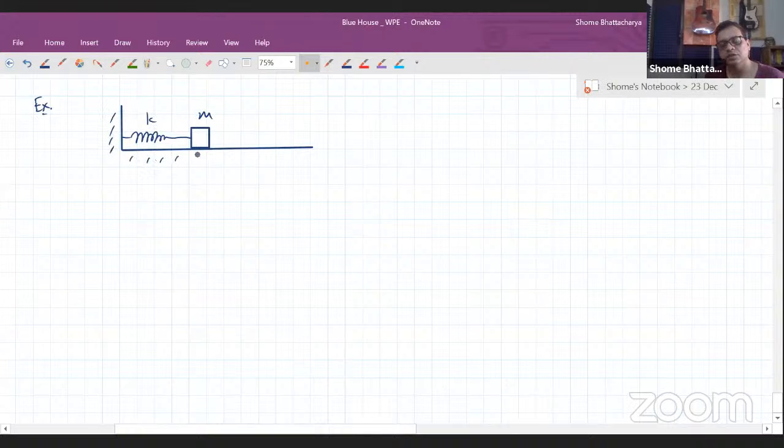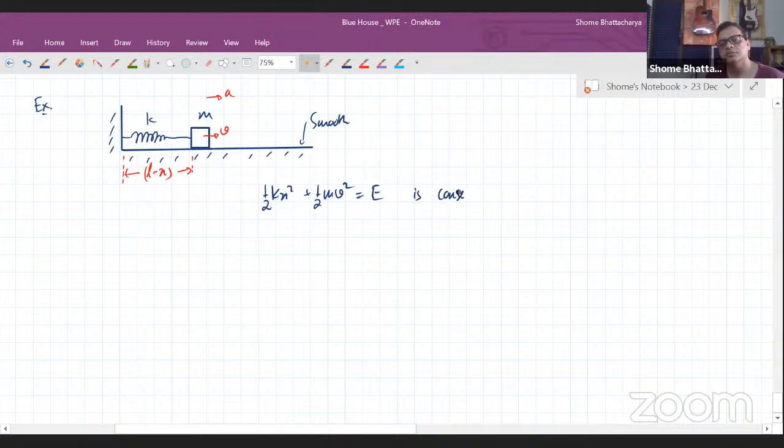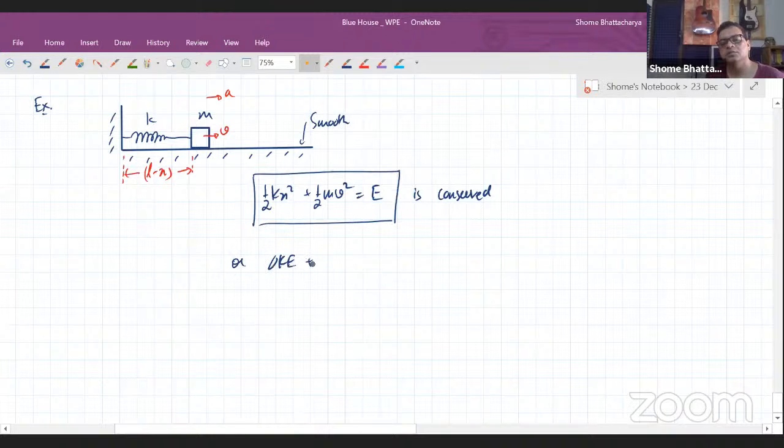So we know that for such a system on a smooth surface, at some point of time, if the speed of the block is v and the state of the spring is a compression or extension or whatever be the case, half kx square plus half mv square is conserved, or the change in kinetic energy plus change in potential energy of the spring is zero.